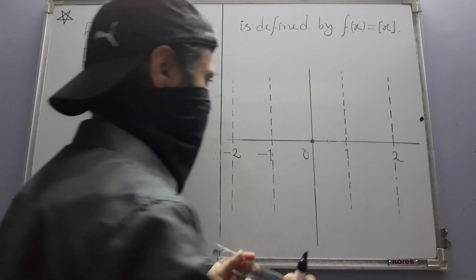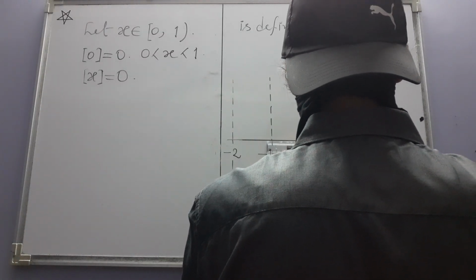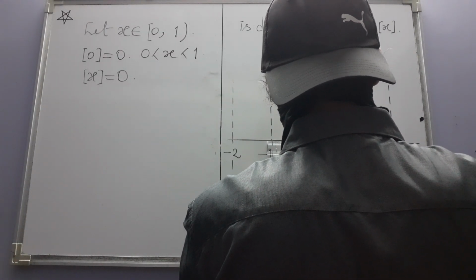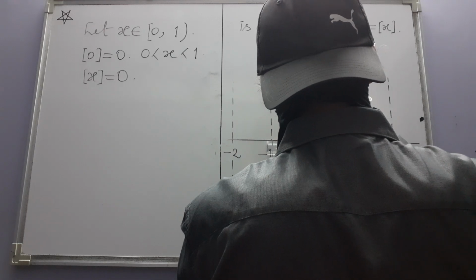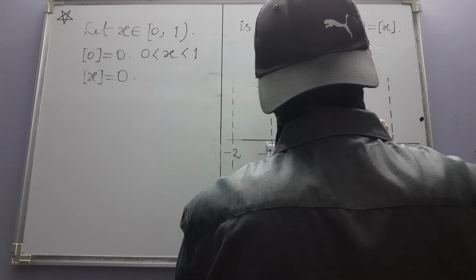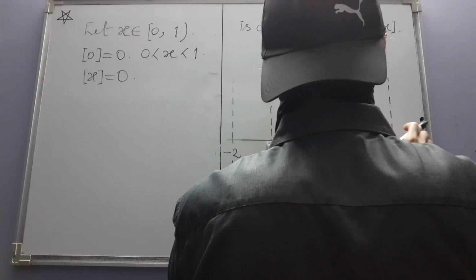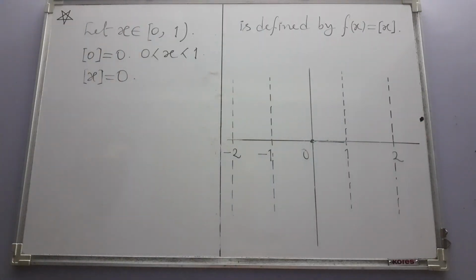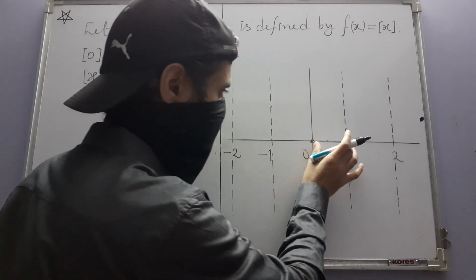So the graph should be the x-axis itself, at least in this part. So I make it a little bold. It's getting messy, but you can understand what I mean.